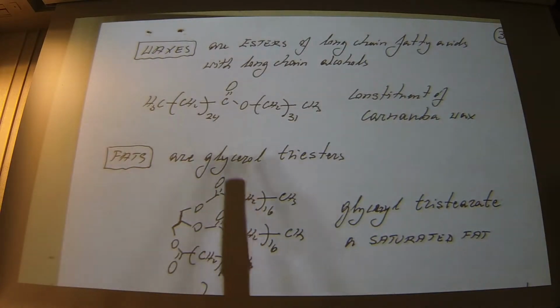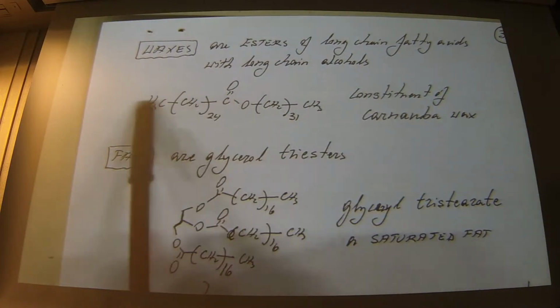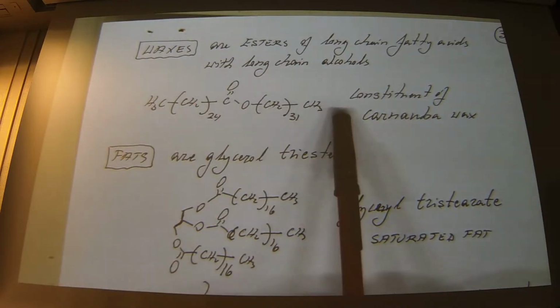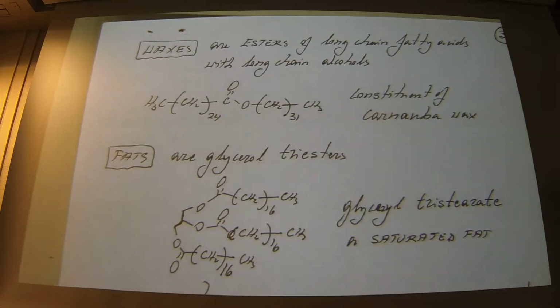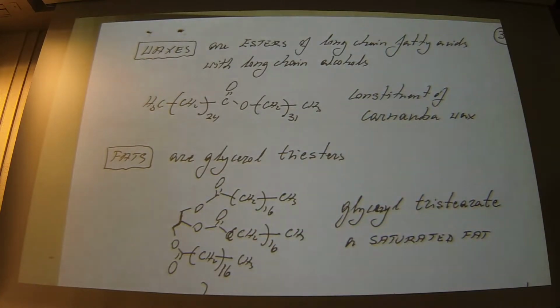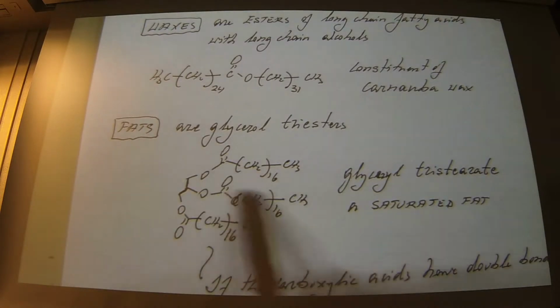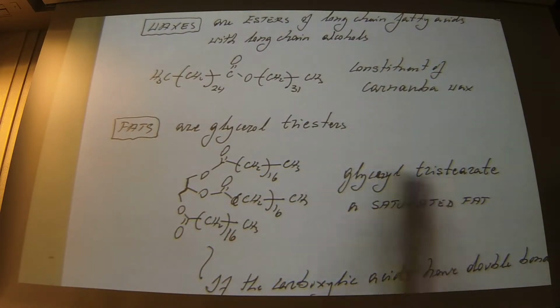Waxes are esters, right? If you have a long linear carboxylic acid and a long linear alcohol, and you form the ester, that's a wax. This particular one is carnauba wax, which is derived from some kind of Brazilian palm tree, and it's used for car wax. It's hard and brittle and whatever. Now, one thing I want to point out to you guys, take a look at this glycerol stearate.